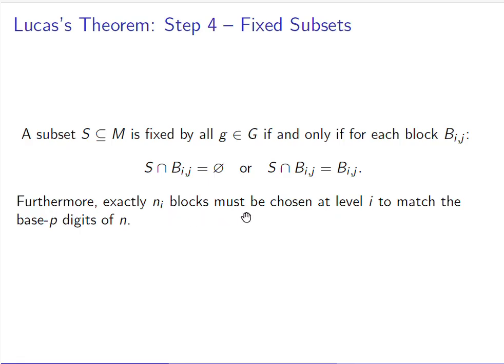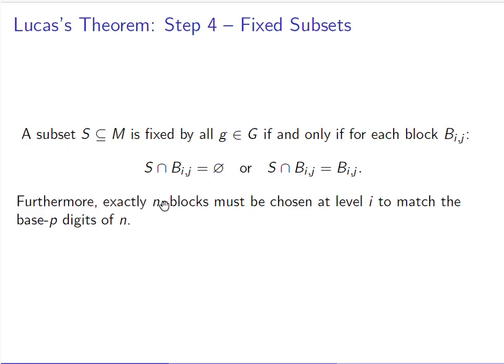Furthermore, exactly ni blocks must be chosen at level i to match the base P digits of n. Again, we want to choose a set of size n, and if you want to express n in blocks like we have done in base P, there is a unique way: you must choose ni blocks of size p^i.